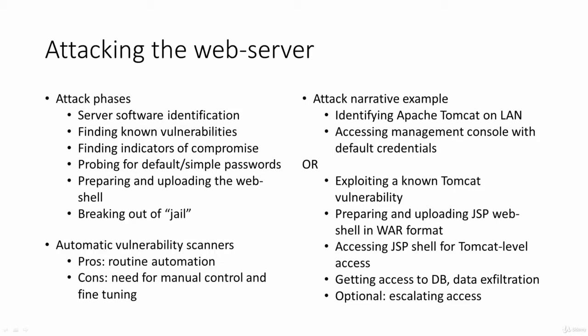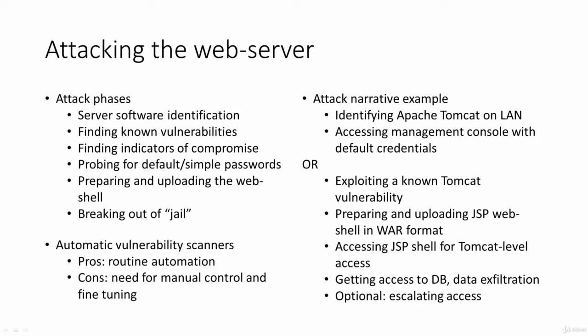So what happens? You just get into the LAN, whether it's an external engagement and you already have some persistence in the LAN, or you just have an internal penetration test going on. You find a web application that is presumably on Java, on some Java Server Pages extension or something.